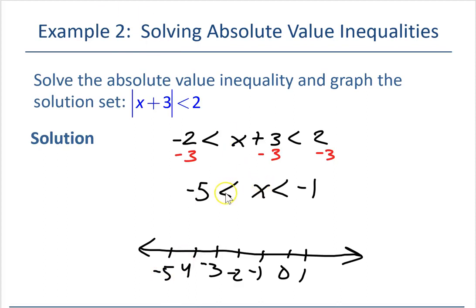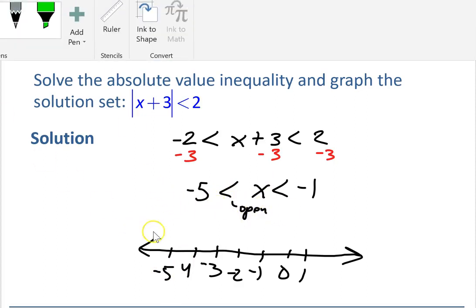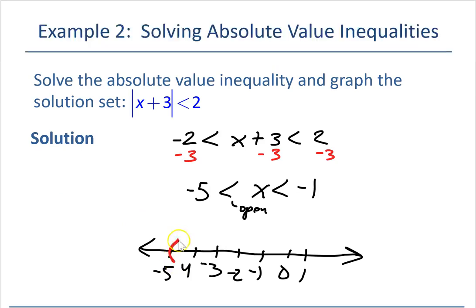Well, x is greater than negative 5, so this is going to be open because not equal to negative 5. Well then, x is less than negative 1. Notice that is also going to be open, so it's going to be right here. And so x can be any one of these values in between here.